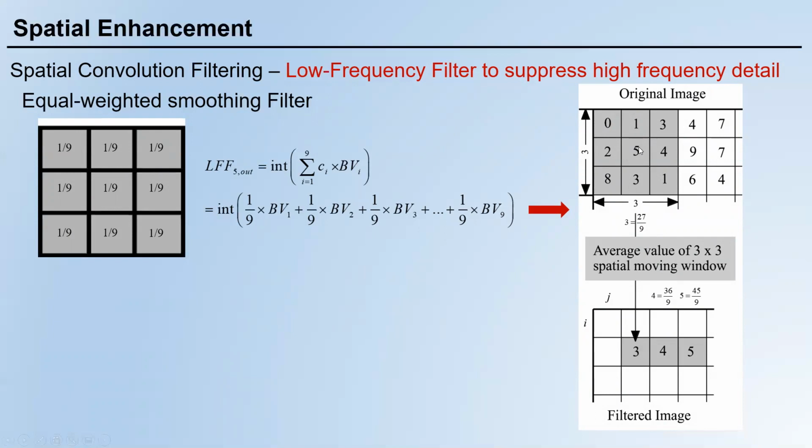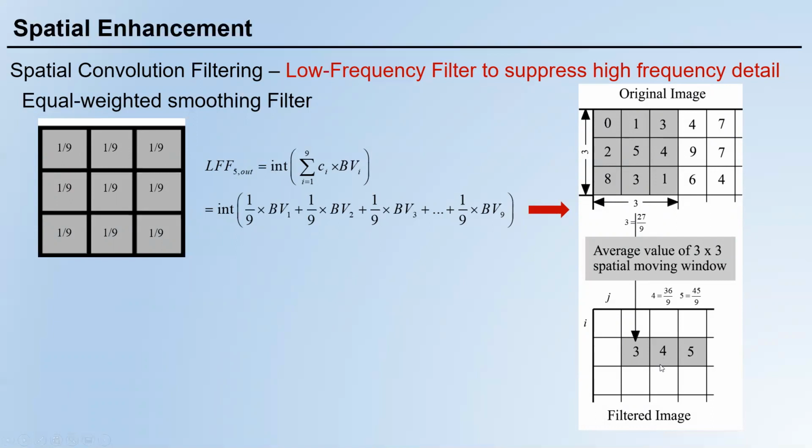Then you can move this window to the right by 1 pixel, and now this pixel with the value of 4 is the new central pixel, and you calculate the average value covered by this filter again. The filter has moved to the right by 1 pixel, and you get a new value.